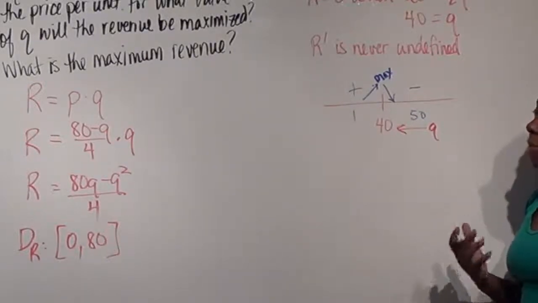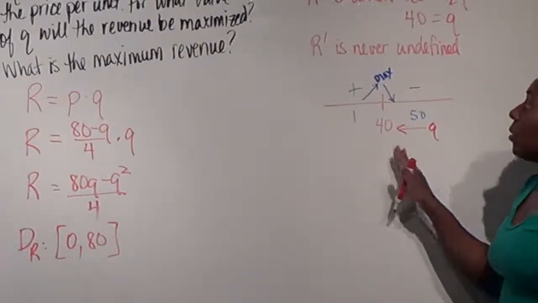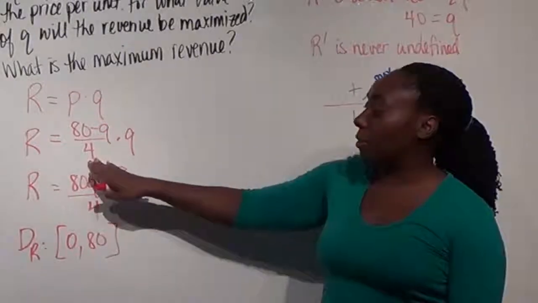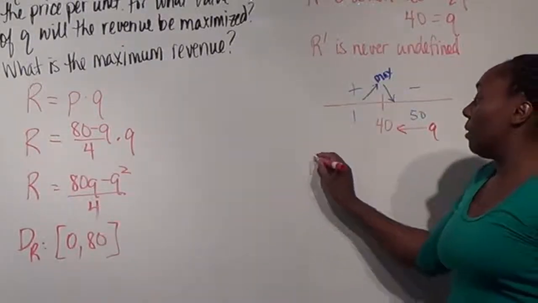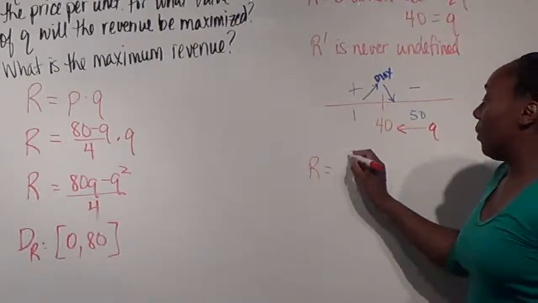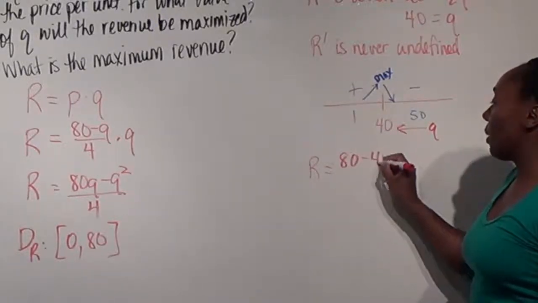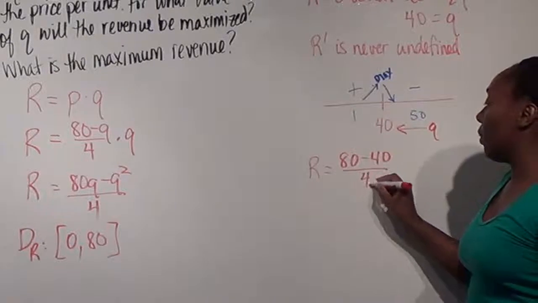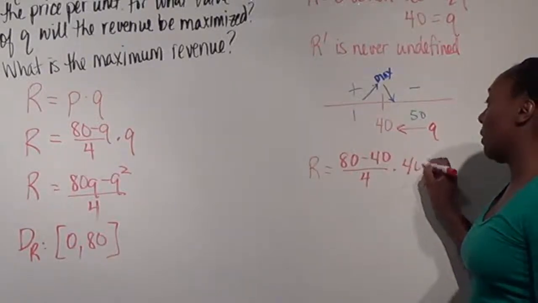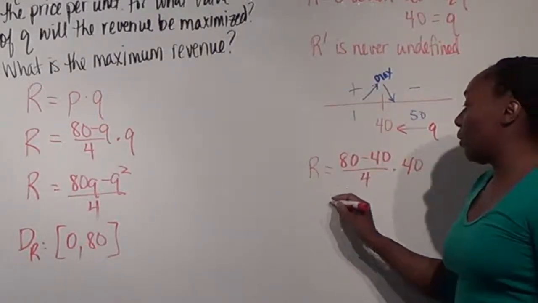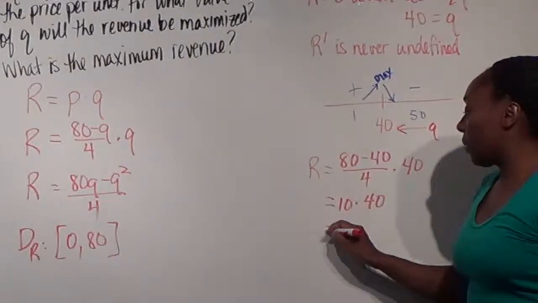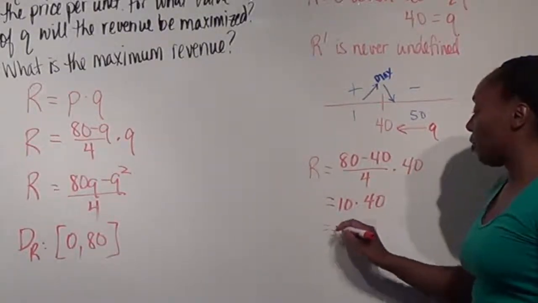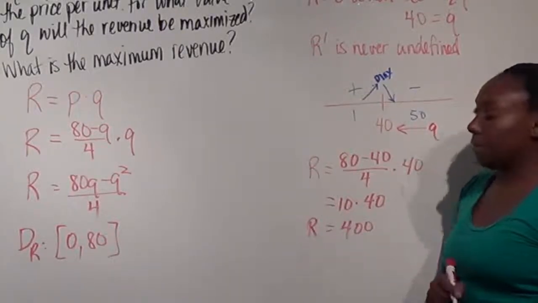Okay? But I still have to find the maximum revenue. So at this point, I'm going to go back to my revenue equation and plug in that value that I got for Q. So 80 minus 40 all over 4 times 40. Looks like 40 over 4, or 10, times 40, which is 400.